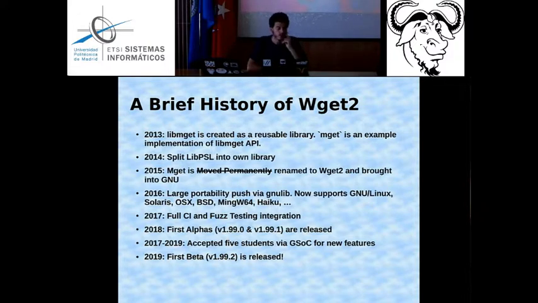Also, we have to mention that in the last three years, we have had five students on GSoC working on WGET as part of the GNU project, who have implemented some different features we need, like the plugin framework, and we'll go through that later.